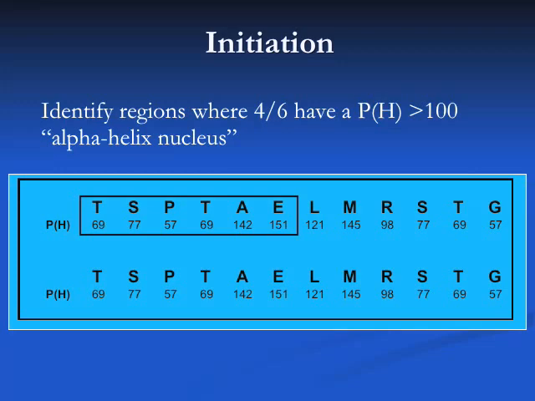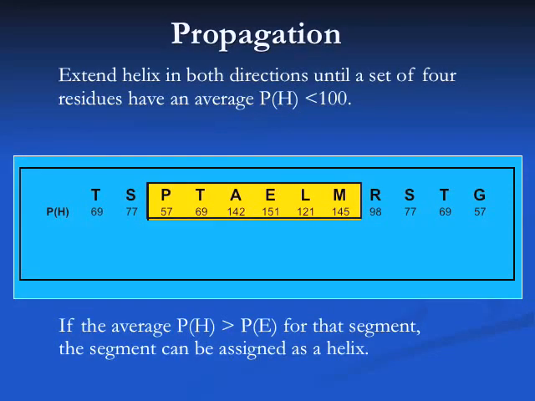Are 4 out of 6 of those greater than 100? The answer is no. So I move over and look at the next contiguous group, PTAELM. Are 4 out of 6 of those greater than 100? The answer is yes. So that's going to be partly where my alpha helix is going to be.